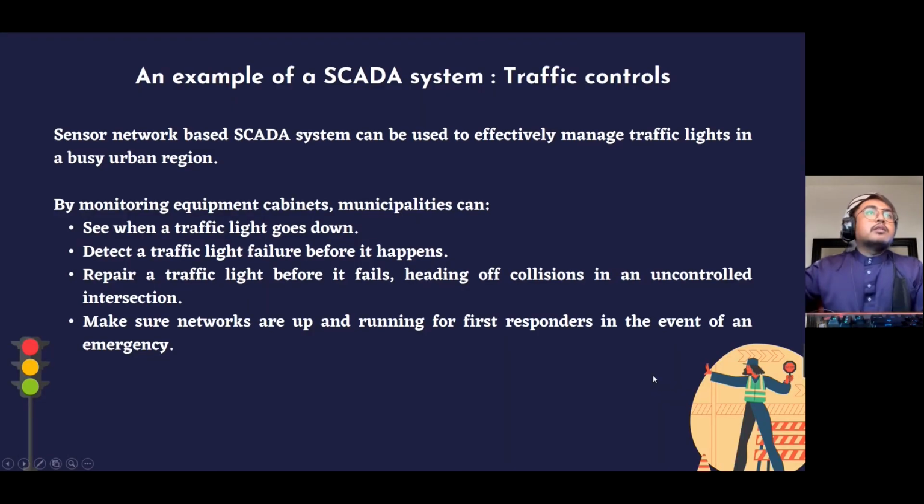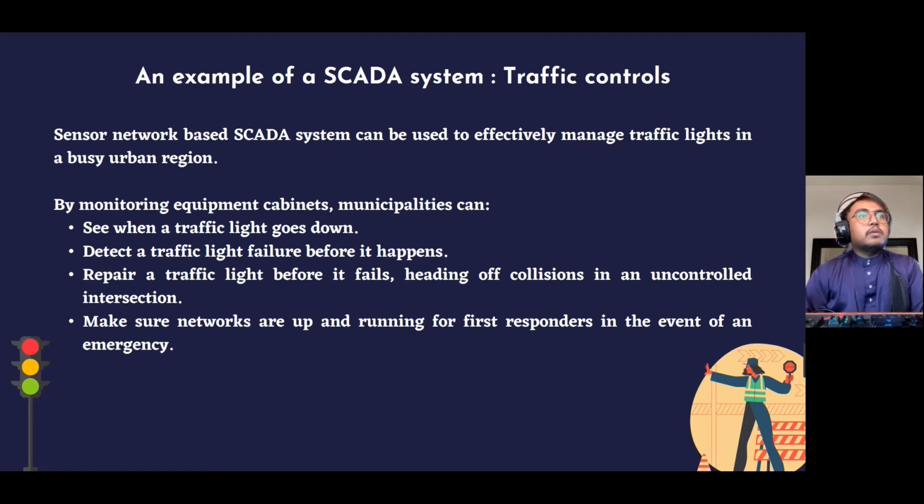Next, I will explain the example of a SCADA system. The example SCADA system that our group chose is traffic light control. A sensor network based on a SCADA system can be used to effectively manage traffic lights in a busy urban region.